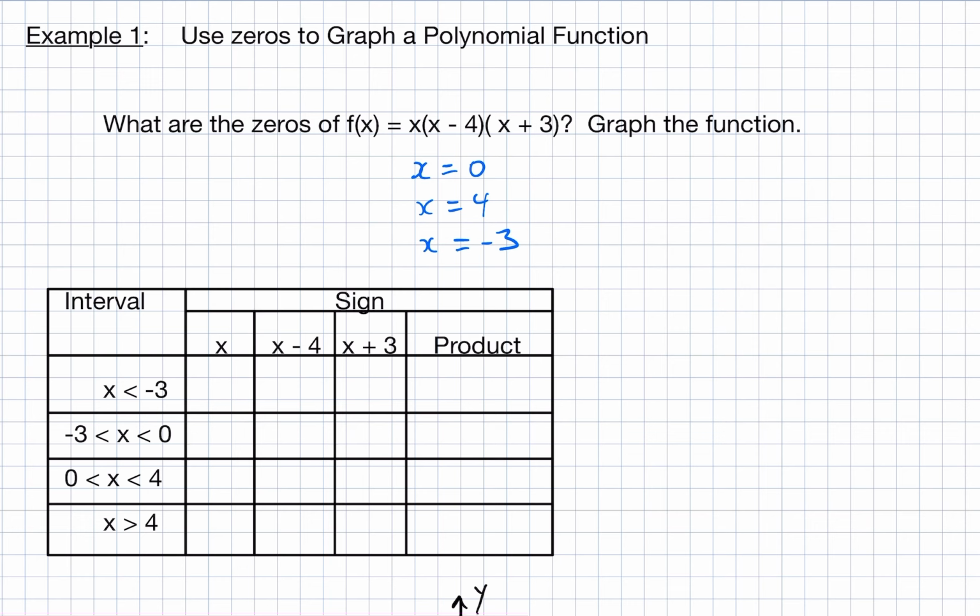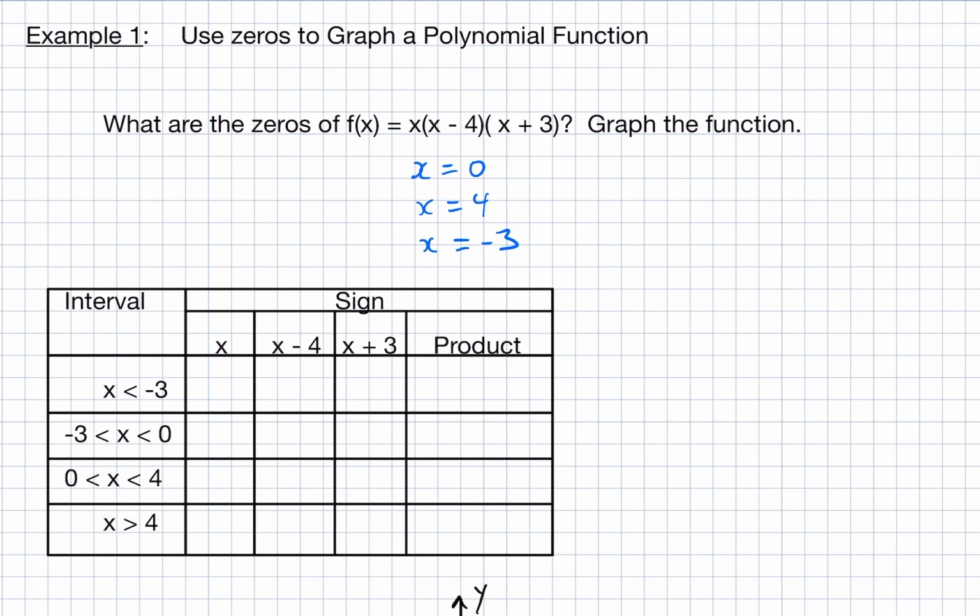Lastly, if x plus 3 equals 0, then this entire function will be 0. Negative 3 plus 3 gives us 0, so hence we have x equals negative 3 here.